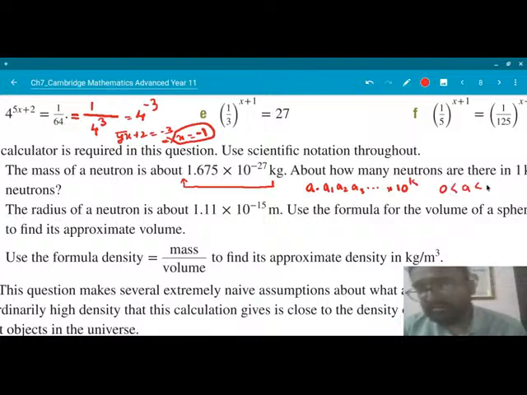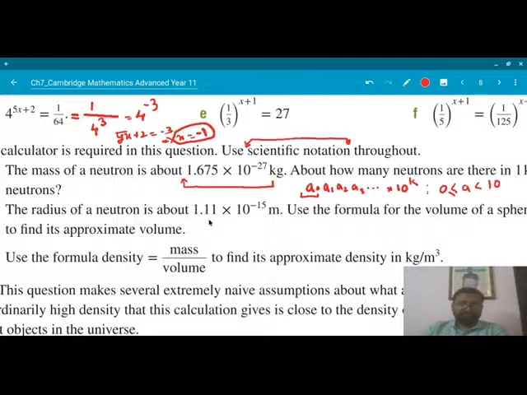It is not 10, it's less than 10. So 9 point something, 7 point something, only one digit should be here and then your decimal point, and the rest of the number you can make into 10 power. So this is scientific notation of a number. This is also a scientific notation of a number.